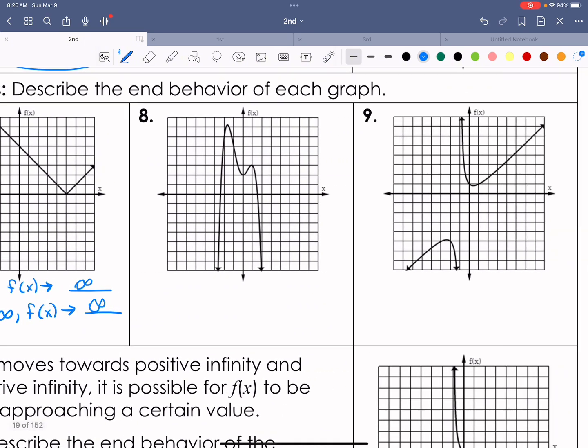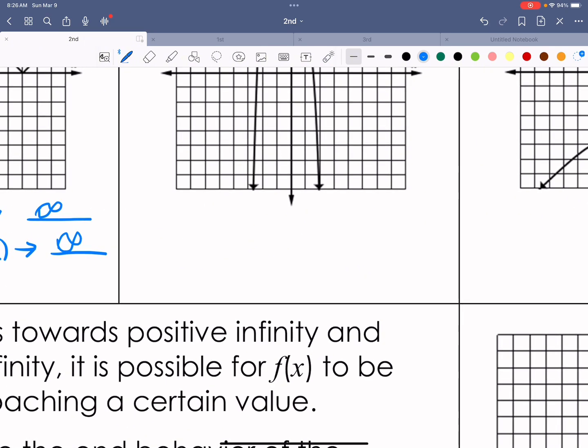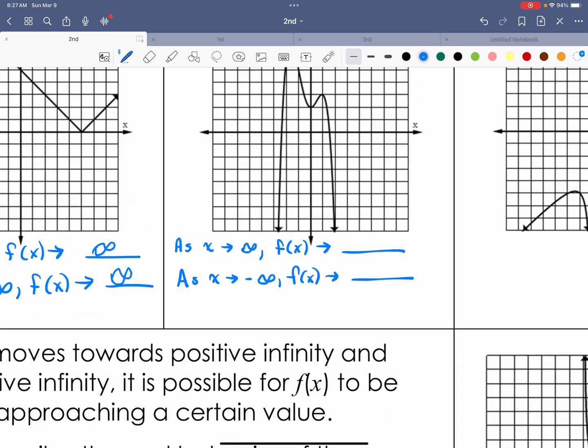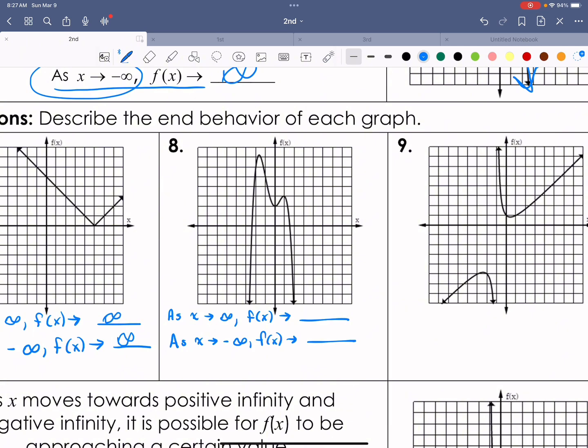All right, once again, we're going to start with as x approaches infinity, f of x approaches blank. As x approaches negative infinity, f of x approaches blank. Okay, so let's look at our graph.